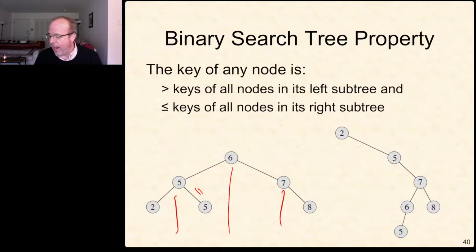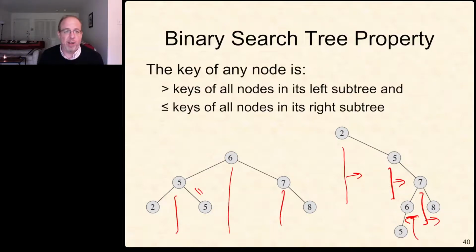This is the same data in a different shape. But it still works, because everything to the right of 2 is greater than or equal to 2. Everything to the right of 5 is greater than or equal to 5. Everything to the left of 7 is less than 7. Everything to the right of 7 is greater than or equal to 7.